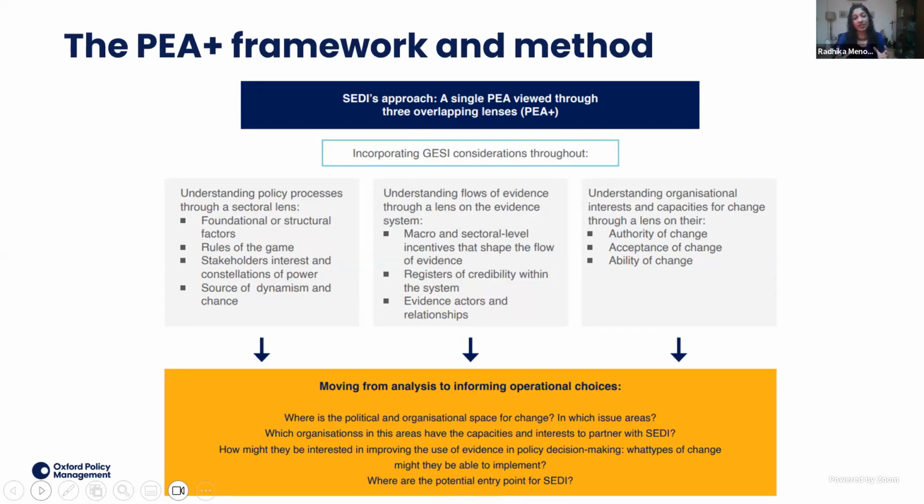I think very often when you do PEA, you're always looking at the powerful. So what does it look like for the marginalized? How are policies targeted at them? How is evidence used? Who's missing in the evidence? And we did this to identify, as I said, the entry points. Where are the spaces for change? Next slide, please.